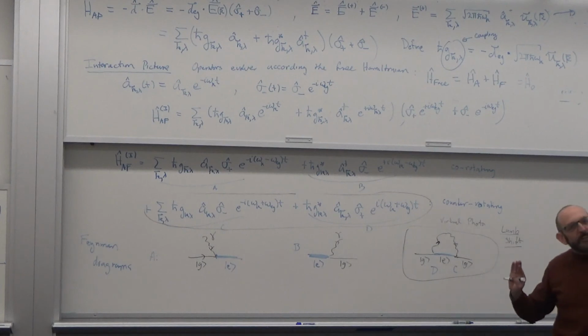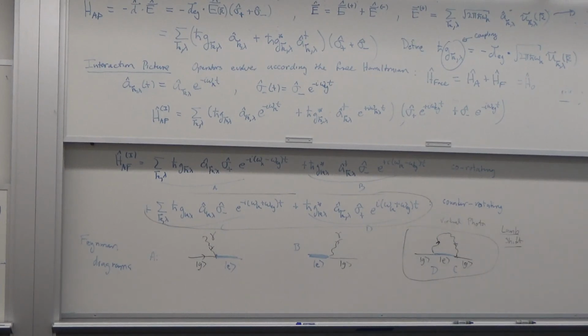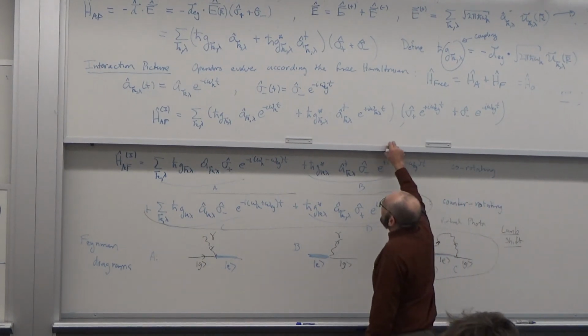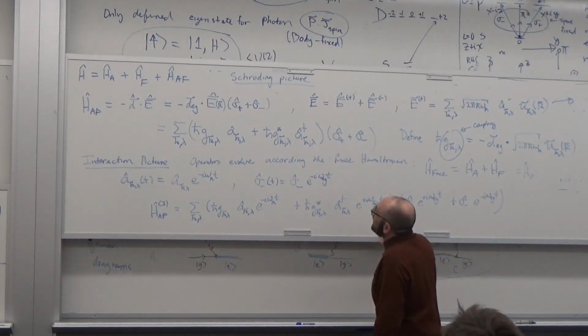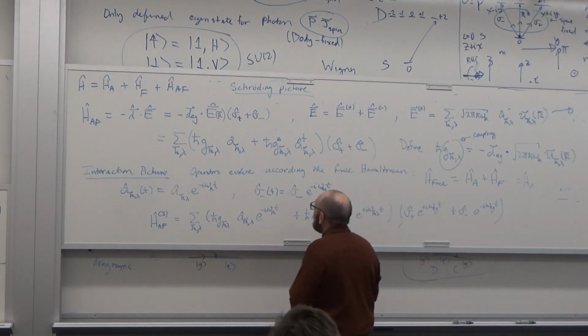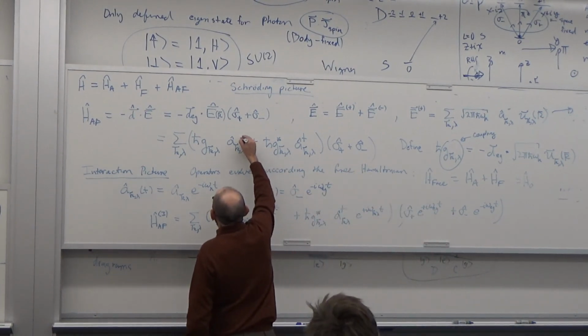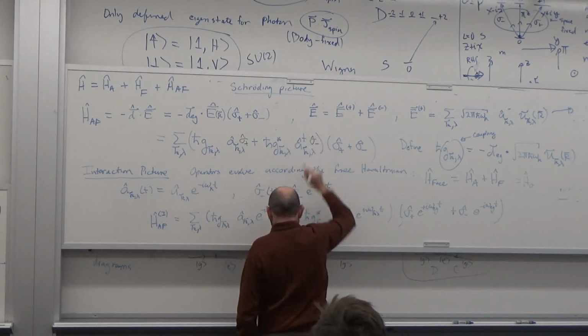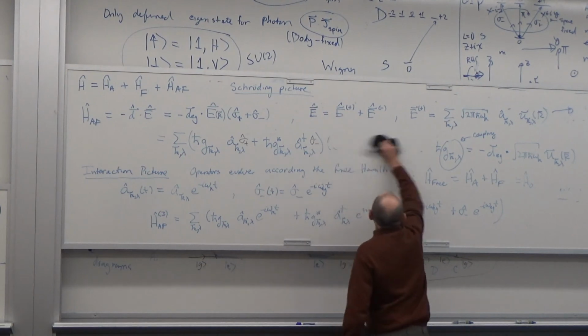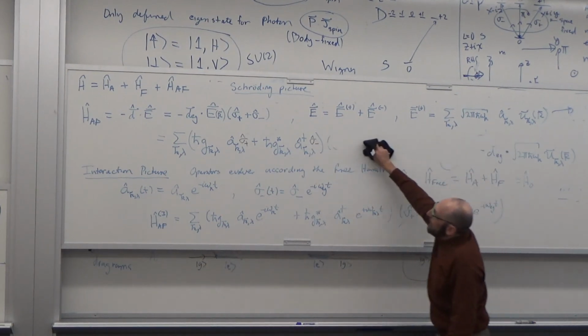So the final conclusion of today's lecture is that we have now, in the rotating wave approximation, we keep only the co-rotating terms. And we're done.